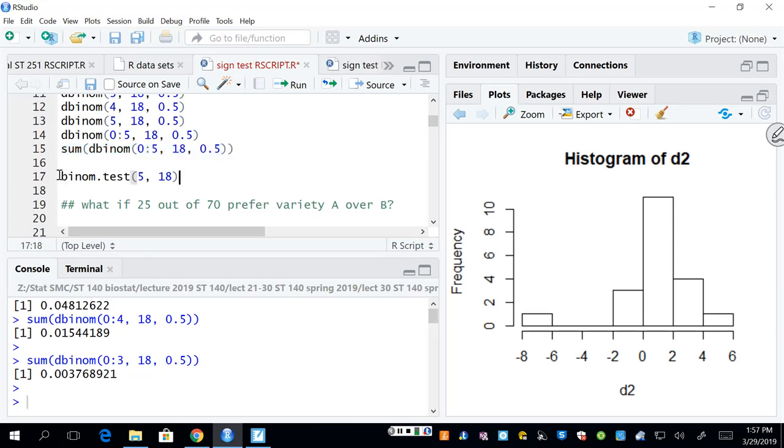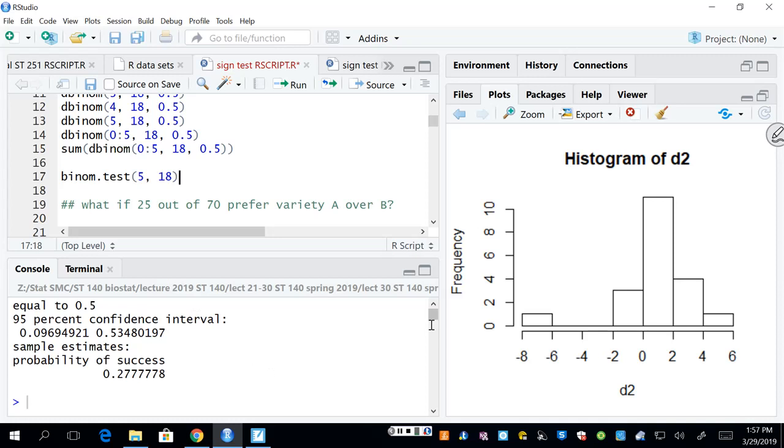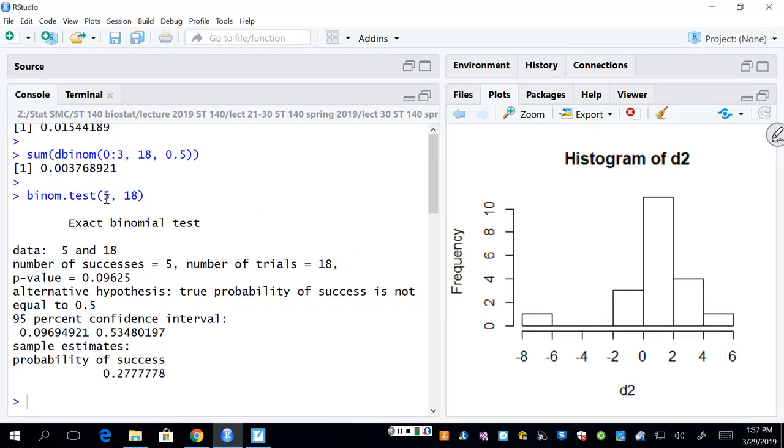There's in R something called a binomial test, where you put in the sample size, the number of trials of 18, and the number that you got, and it does this calculation exactly. It says, is the true probability 0.5? That would be the median being at 0, half the differences below, half above.